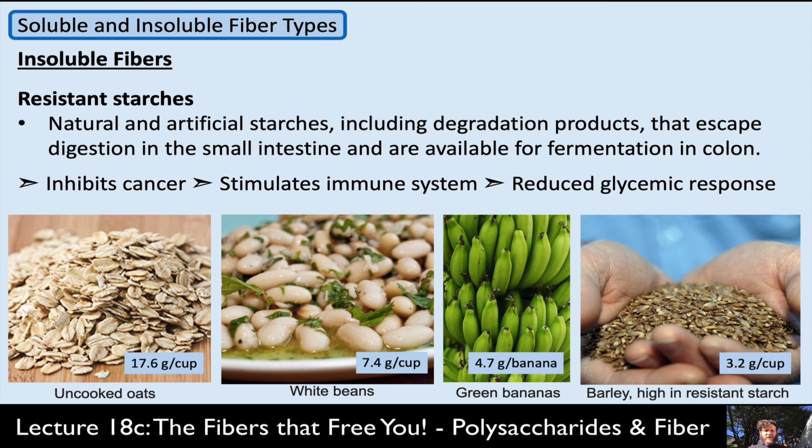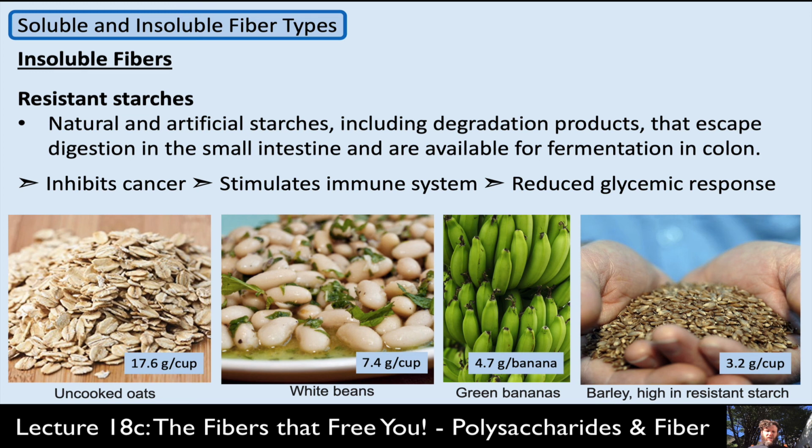So another type of insoluble fiber are these resistant starches. These are starches, either natural or artificially produced, that include different degradation products that aren't getting digested in the small intestine, but then are available to get fermented in the colon.